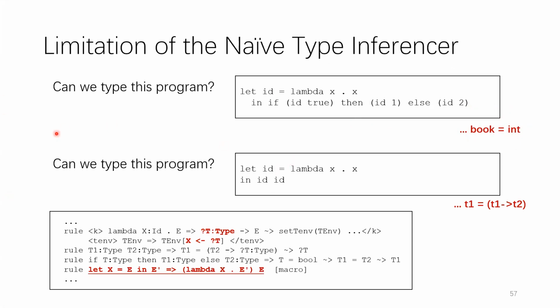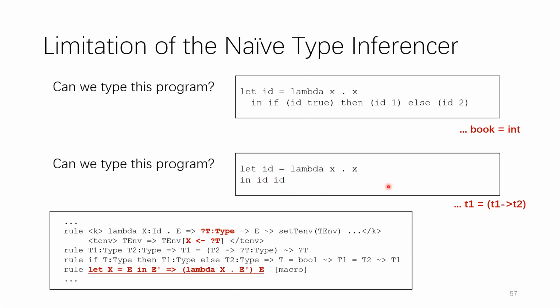Okay, all right. Let's look at the second example. We have the same identity function, but this time we apply ID to itself. Let's imagine that we are the type inferencer. What we do is assign the function type alpha to alpha to ID. Then we have alpha to alpha applied to alpha, right?